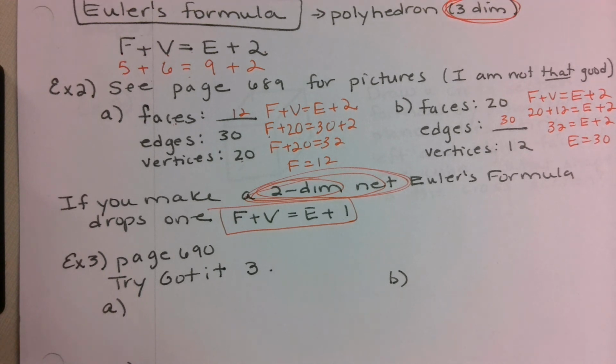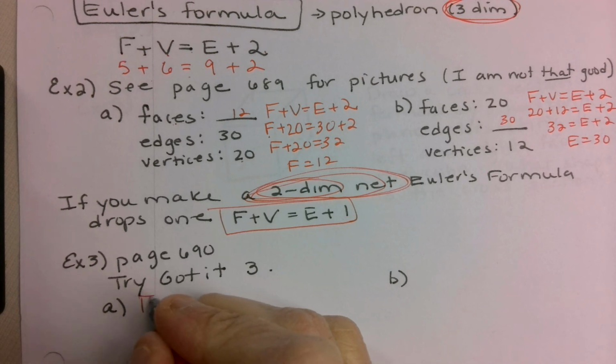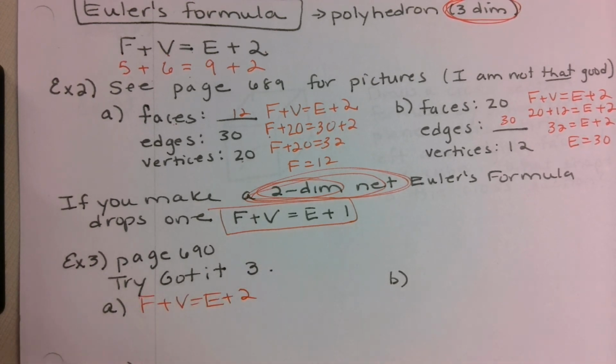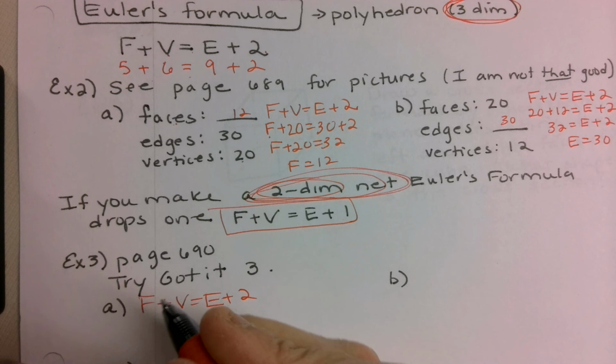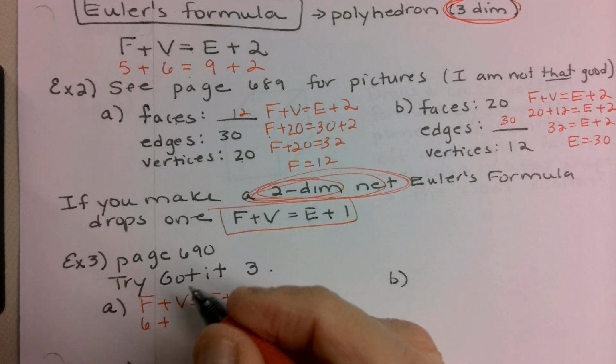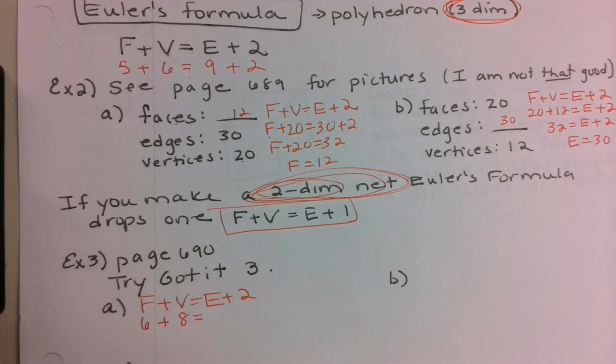But it says to verify F plus V is equal to E plus 2. So when you look in your book, go ahead and count the faces. Okay, I see 6 vertices. I see 8 edges.